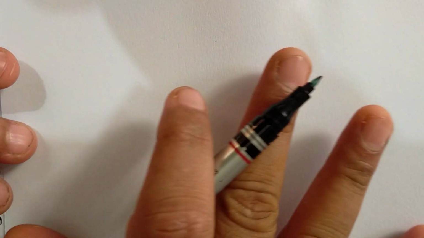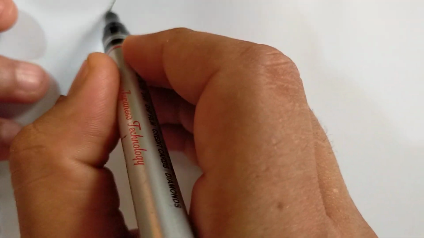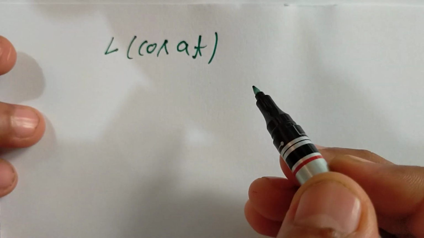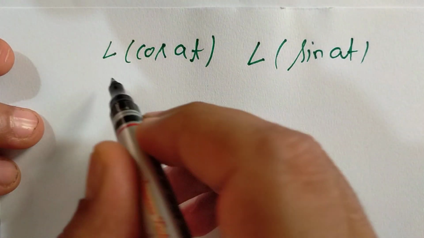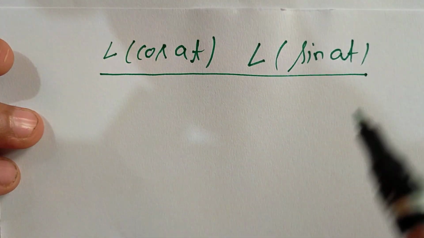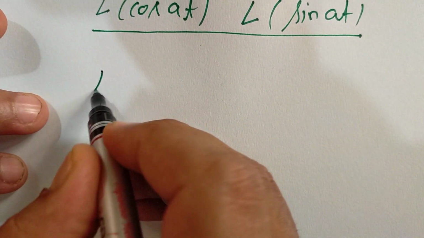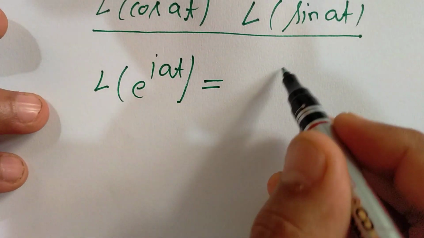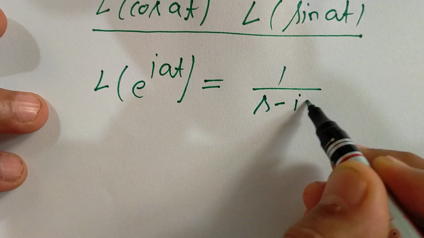Now the Laplace of the trigonometric functions sin at and cos at. We want Laplace of cos at and Laplace of sin at. To find the Laplace of sin and cos, we'll use the exponential function: Laplace of e power iat equals 1 upon s minus a. So in place of a we have ia.